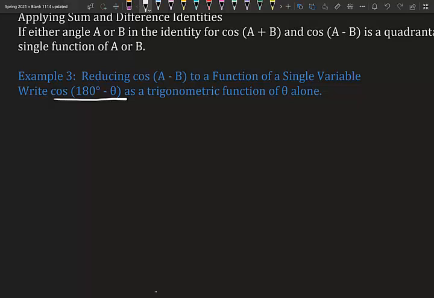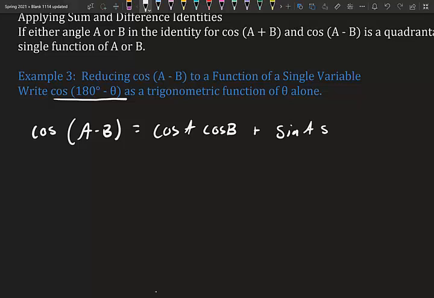We have an A, it's minusing a B. So we have cosine A minus B, which that formula is cosine A, cosine B. Since it's minusing, we're going to plus sine A, sine B. And we have our A, and we have our B. So let's go ahead and plug them in. We have cosine A, which is 180. Cosine B, which is theta. Plus sine A, which is 180.